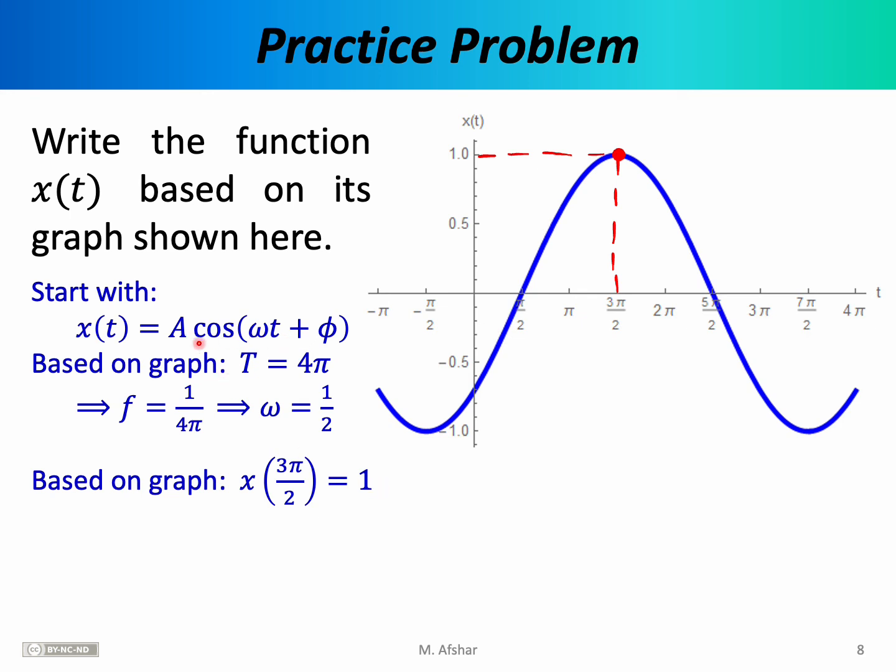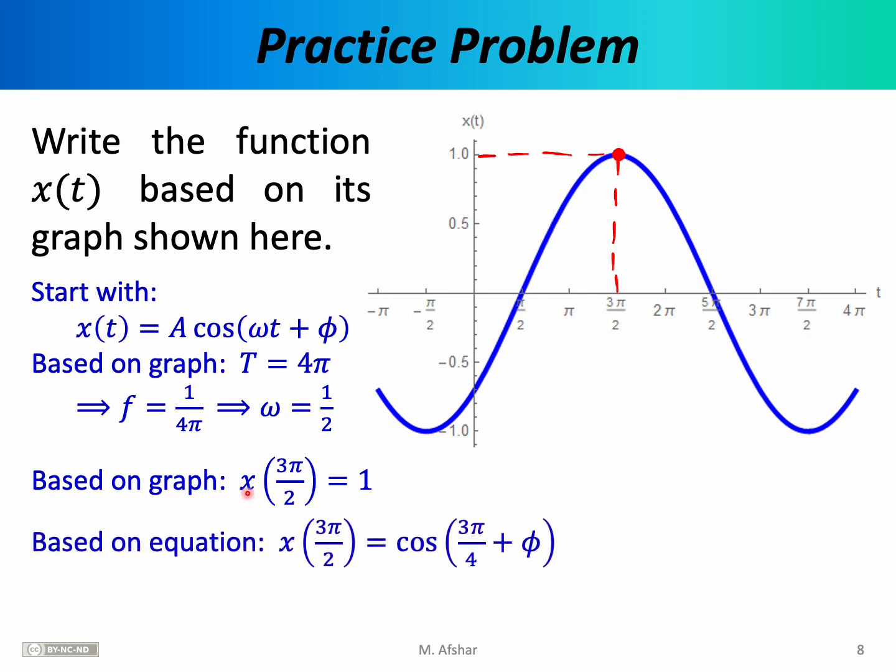Now I also have this equation here, and based on the equation, x at a time of 3 pi over 2 is equal to the amplitude, which we've determined to be 1, times cosine of omega t plus phi. We already know omega is 1/2 and t is 3 pi over 2. So omega t gives me 3 pi over 4 plus phi, and I don't know what phi is.